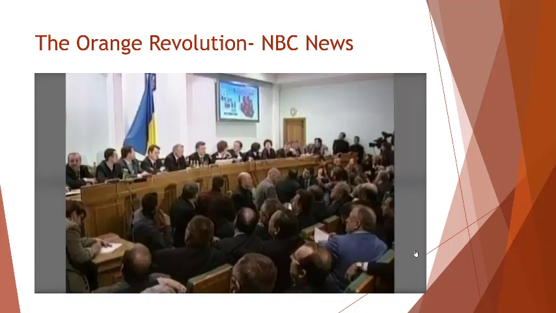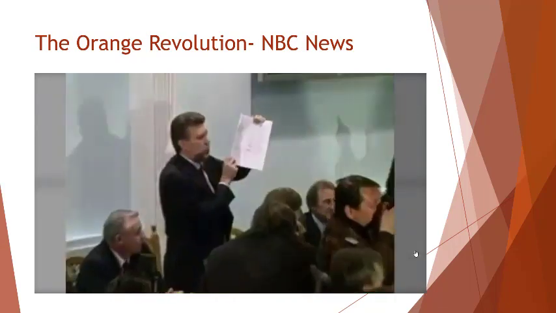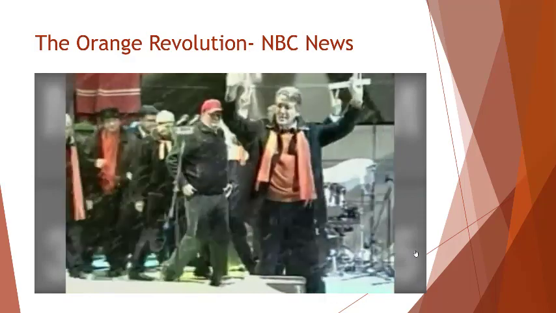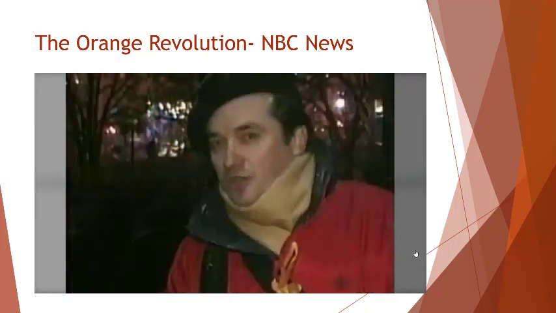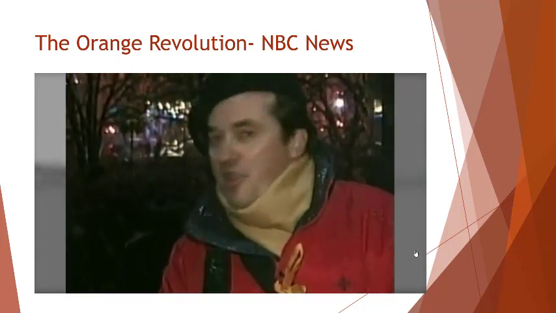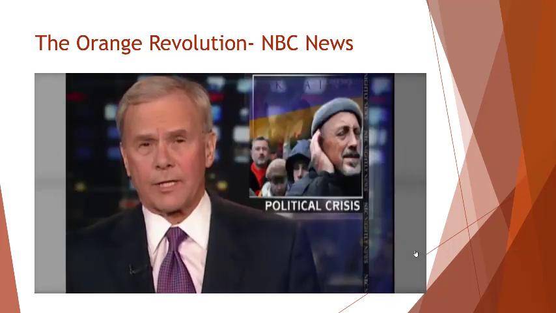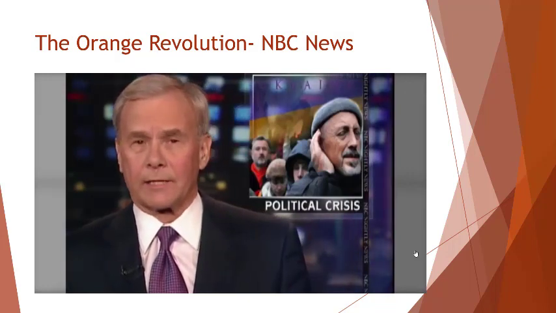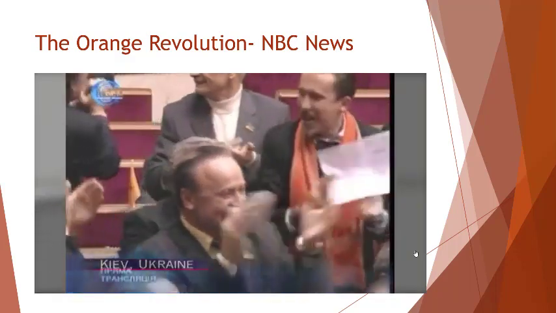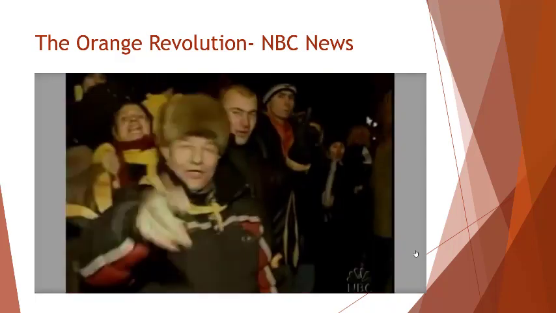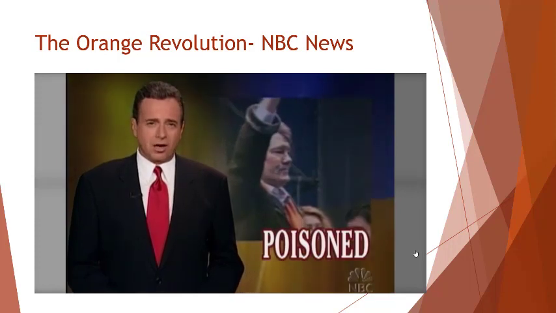Last night, the country's election commission ignored reports of fraud, declaring Kremlin-backed Viktor Yanukovych the winner. Far from backing down, Yushchenko has called for a nationwide strike, warning the country is on the verge of civil war. If they shoot us, if they send tanks, no matter what, there's nothing that can overpower the will of the people. Meanwhile, overseas in Ukraine today, anti-government demonstrators finally had something to celebrate. The parliament voted to disband the government of the candidate who has been declared the winner of the disputed presidential election. The ruling called for a revote in 3 weeks. Doctors confirmed that opposition candidate Viktor Yushchenko was poisoned during the campaign.